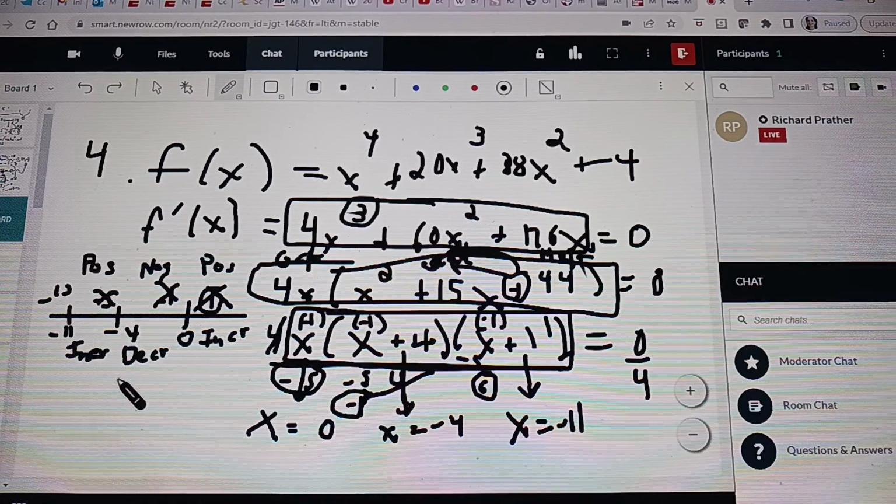And probably this last one's going to be negative, but you shouldn't just assume on all problems in this section that that's going to happen. But if you plug a -12 here, that's clearly negative. -12 plus 4 is -8. -12 plus 11 is -1. And yes, a negative times a negative times a negative is negative.